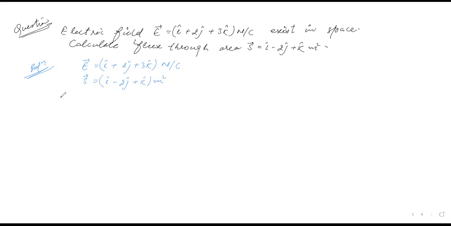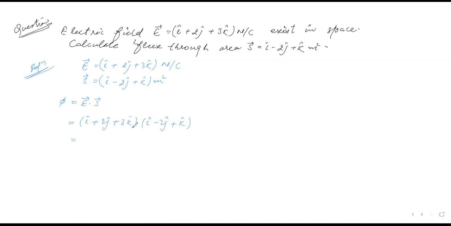Then what will be the flux? The value of flux is vector E dot vector S, which is I plus 2J plus 3K dot I minus 2J plus K.